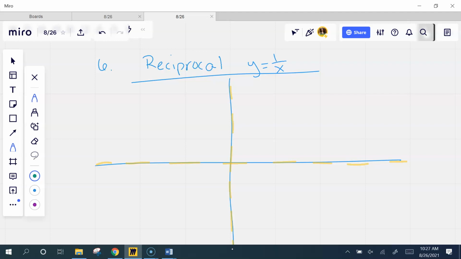So this one, 1, 1. And then what if I go to 2?